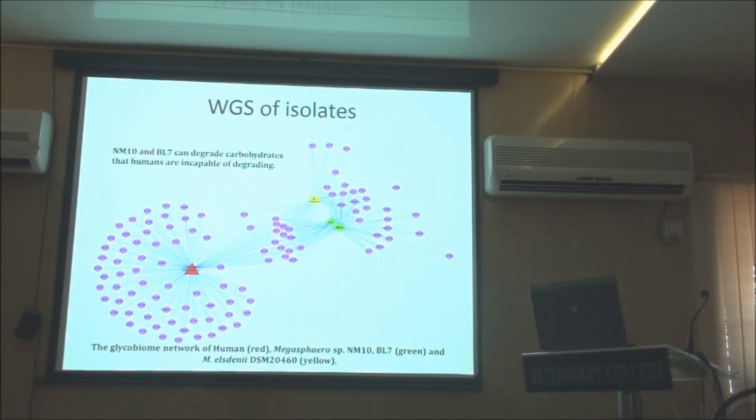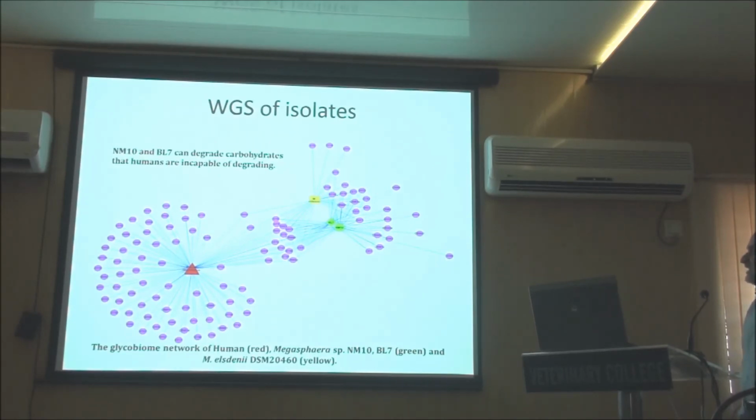And we have also done genome sequencing of some of those isolates and our gut isolates, and I can summarize these results for one of the organisms. That red triangle is the carbohydrate metabolizing enzymes of human origin, and these green circles are the ones from two Megaspira isolates which we have generated from the human gut, and it shows the carbohydrate metabolizing enzymes from these two isolates.